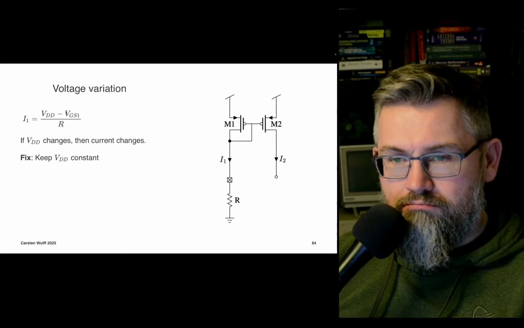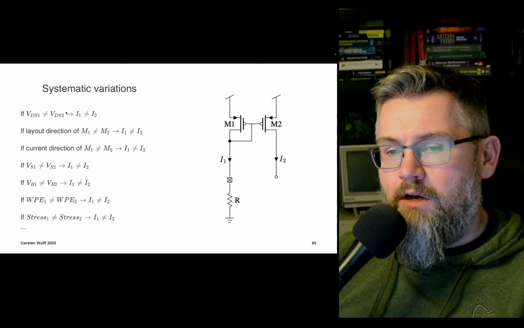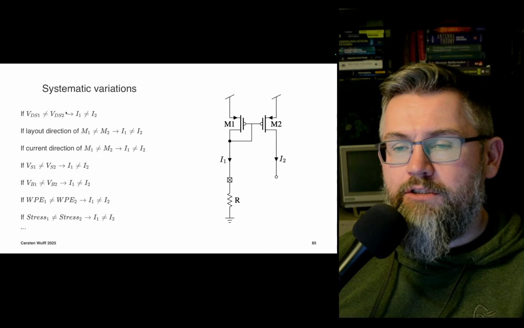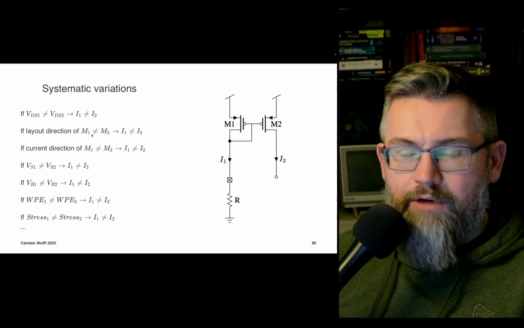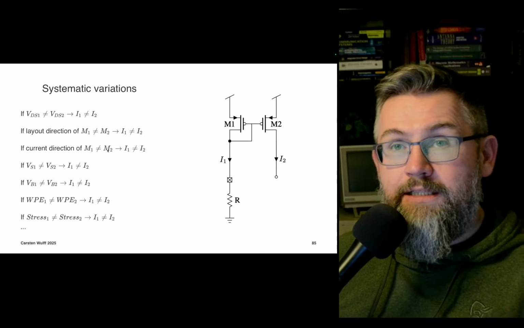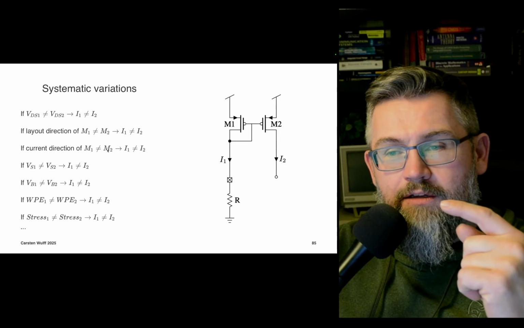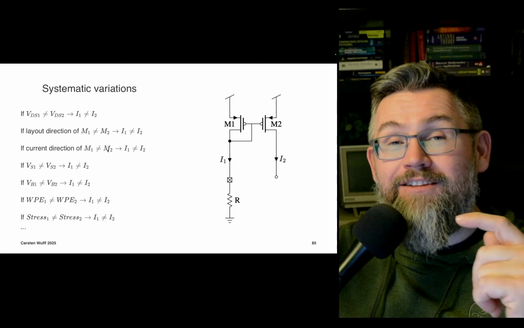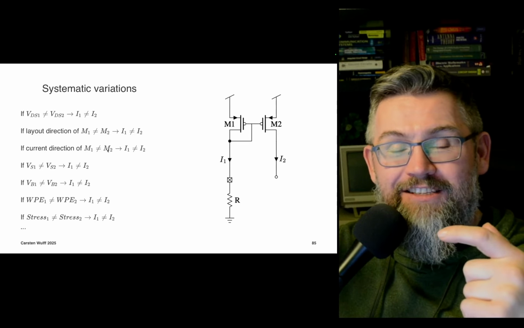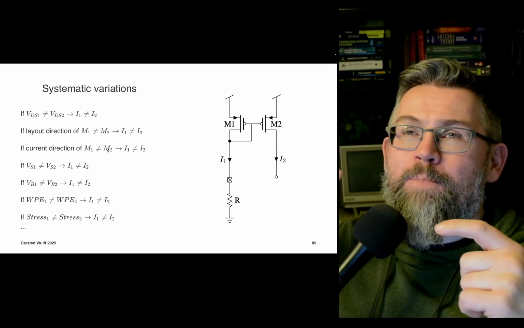So we need to keep VDD constant. But then we have systematic variation. In our equations, we have mobility that differs with current direction, or indeed if the current in the silicon is in different directions, the electrons are not going to see the same band structure.